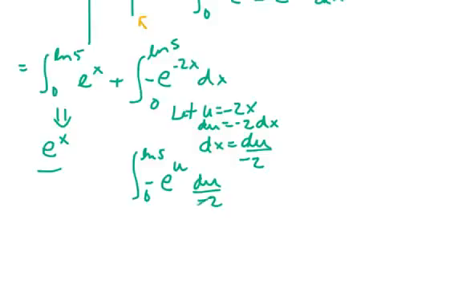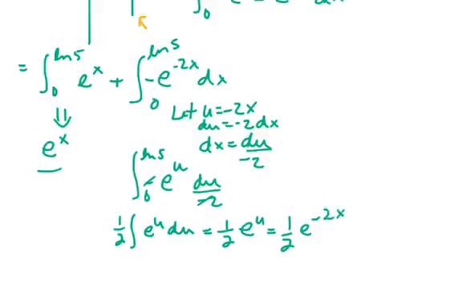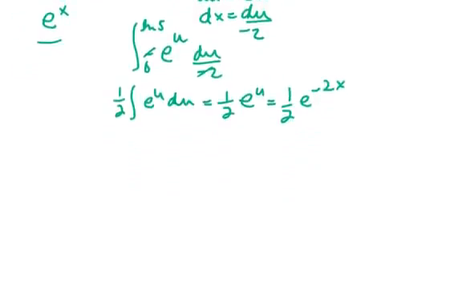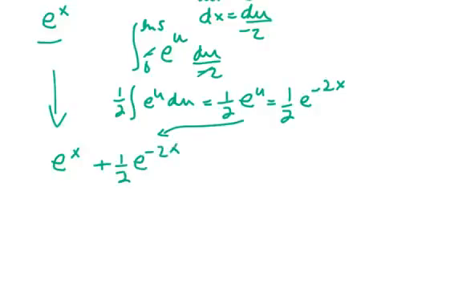So I'm going to cancel out and pull the 1/2 out front, and I'm left with e to the u du, which is simply 1/2 e to the u, which is 1/2 e to the negative 2x. Okay, so we've got antiderivatives here. We've got e to the x from this one, and we've got 1/2 e to the negative 2x from the one on the right, and we're going to evaluate it between 0 and ln of 5.